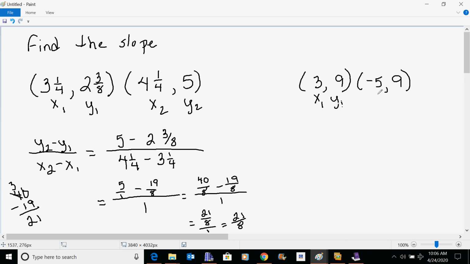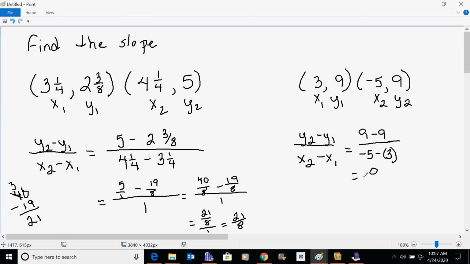x1, y1, x2, y2. The slope is y2 minus y1 over x2 minus x1. That's 9 minus 9 over negative 5 minus 3. 9 minus 9 is 0, and negative 5 minus 3 is negative 8.